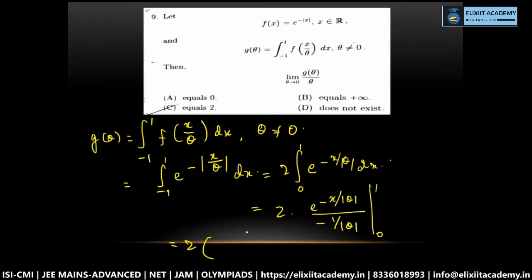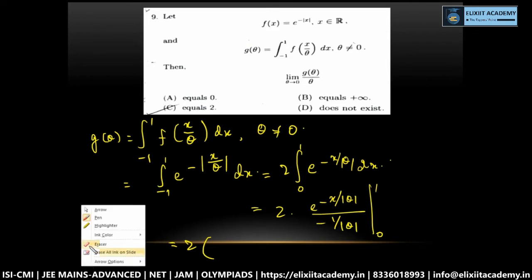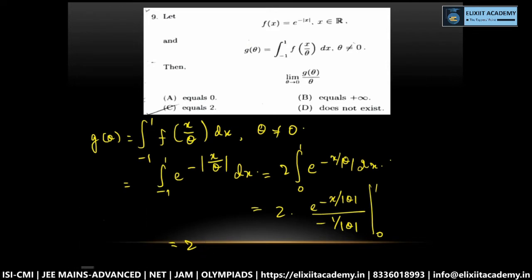So basically you can write this as 2 into mod theta multiplied by e to the power minus of 1 upon mod theta, and this is e to the power 0, so that's basically 1. So this is after all 2 mod theta, and here we have e to the power minus 1 upon mod theta minus 1.